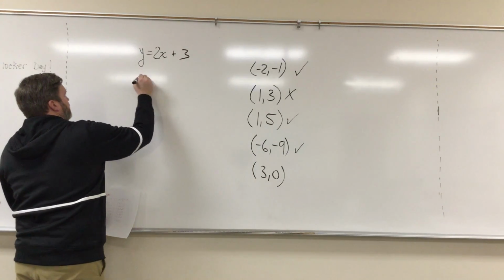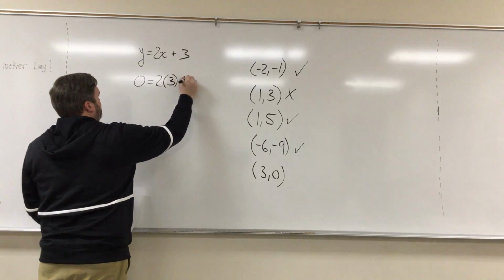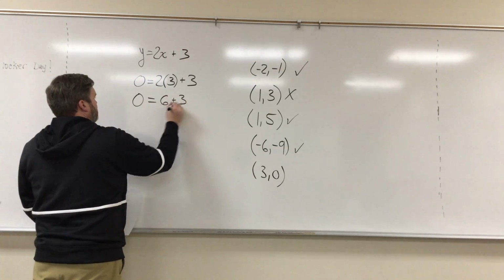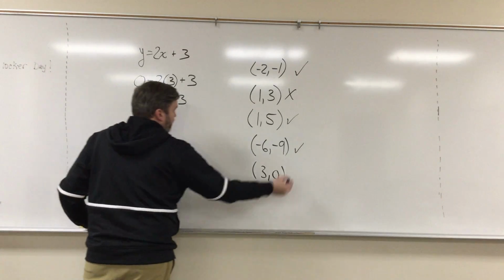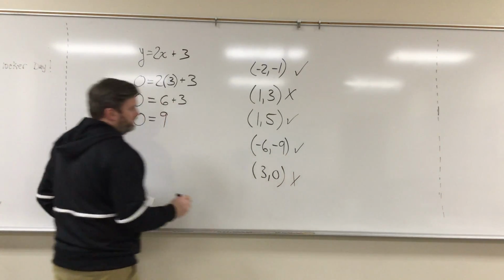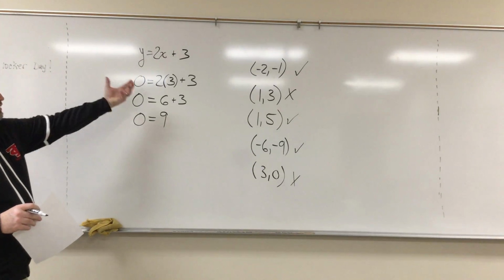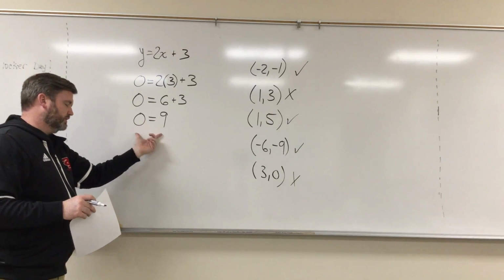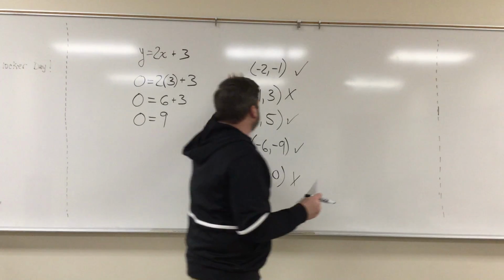So that's 0 equals 2 times 3 plus 3. 0 equals 6 plus 3. 0 equals 9. So no, that one is not a point on the line. That's all there is to it. Substitute both numbers in, simplify. If it's a true statement, yes, it's on the line. If it's a false statement, no, it is not on the line.